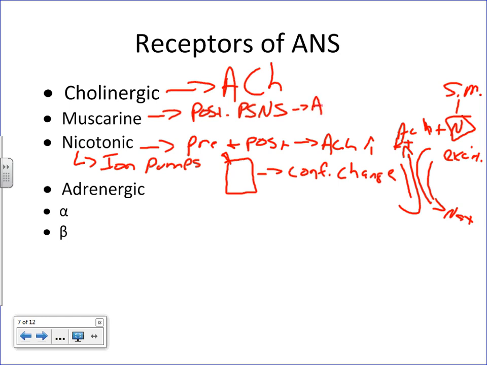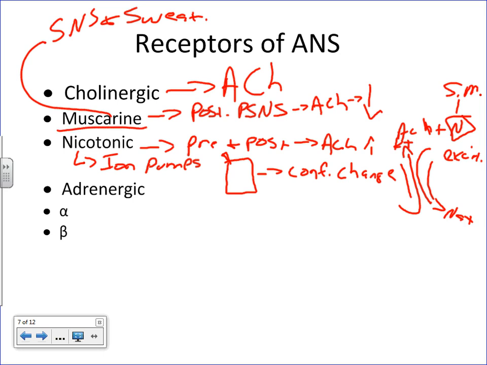The actions between these and acetylcholine are going to be inhibitory, or cause a decrease in activity, with the exception of the SNS and sweat glands. Even though that is technically a cholinergic setup, it does cause increased activity of the sweat glands.